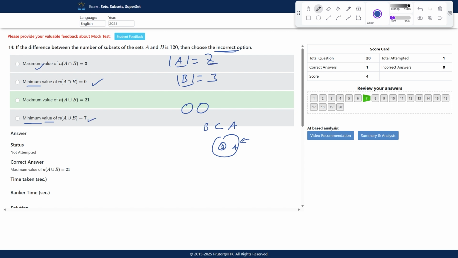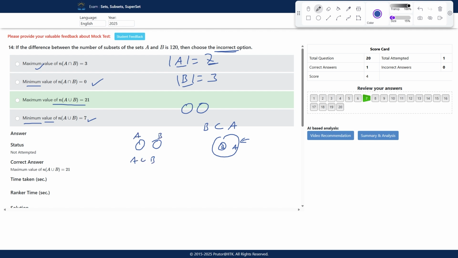So this might be a possible case, but this won't be. Why? Because for A union B, the best case is to have two distinct sets A and B, meaning no common elements.